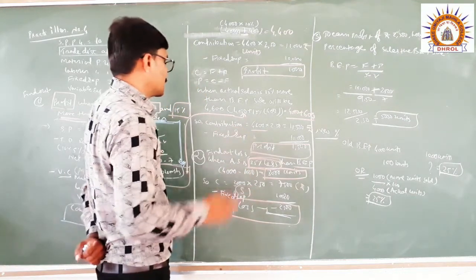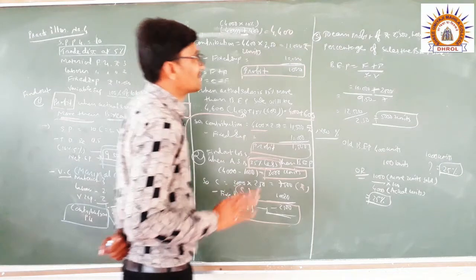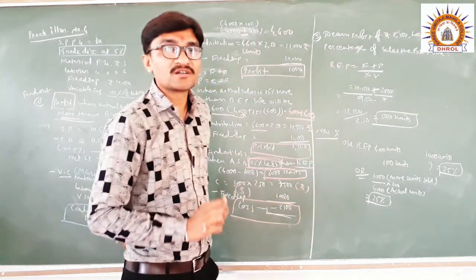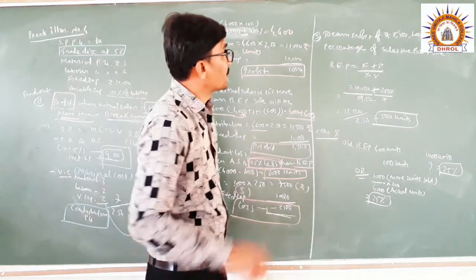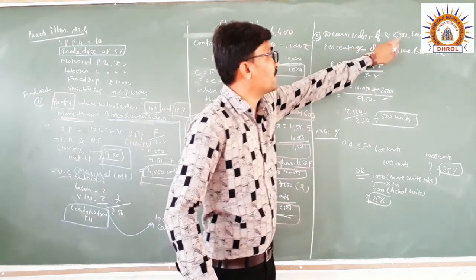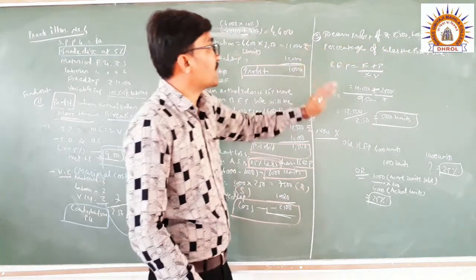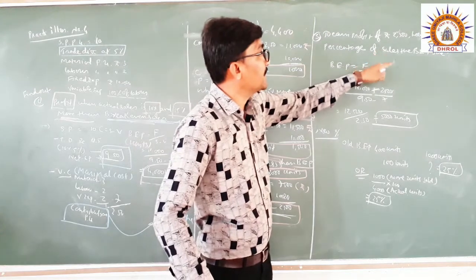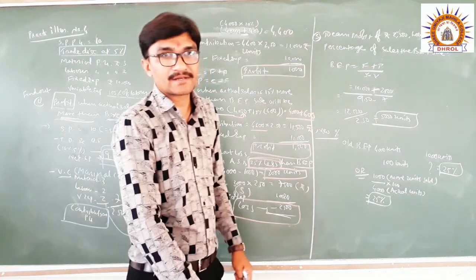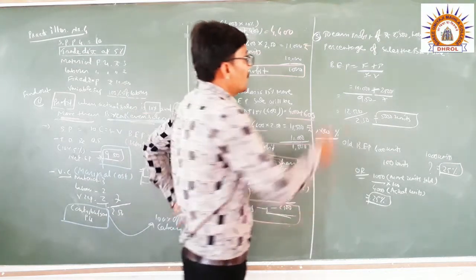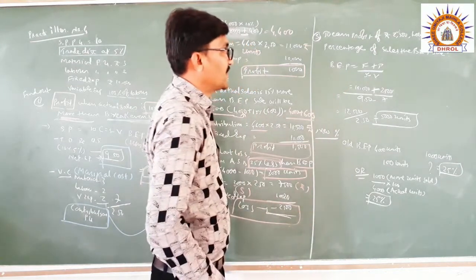And now the last thing is that to earn a profit of rupees 2,500, you are required to calculate how many percentage of sales the BEP sells, right?